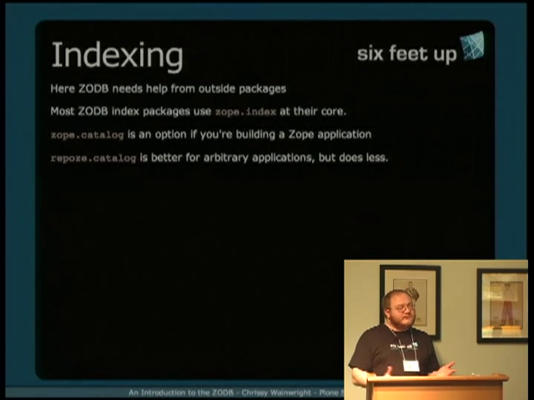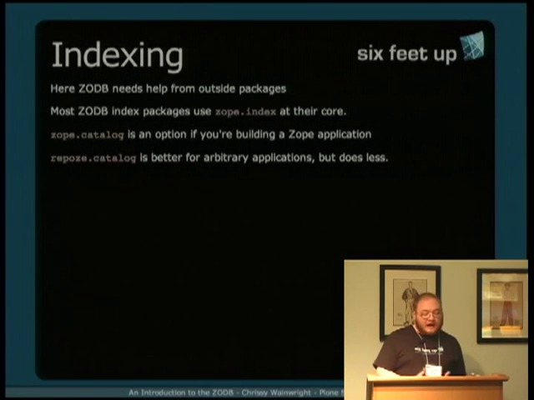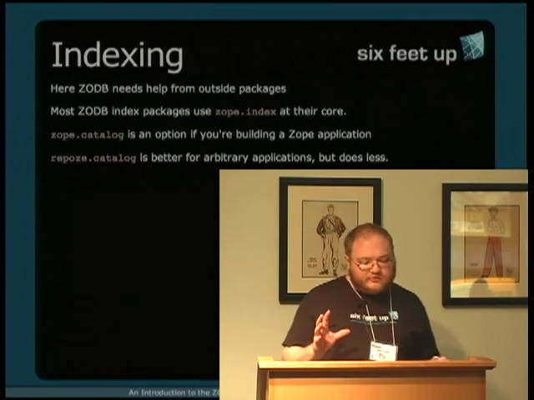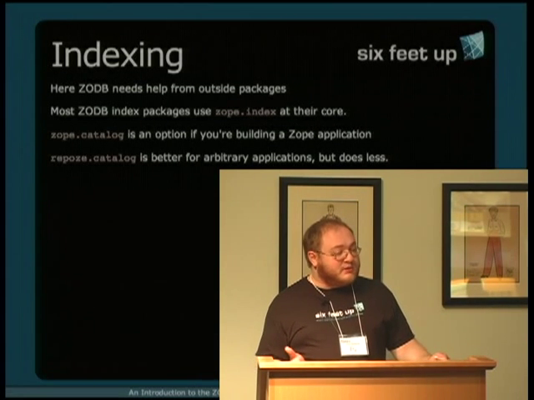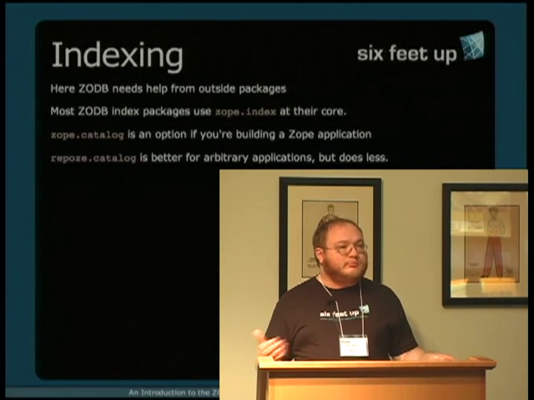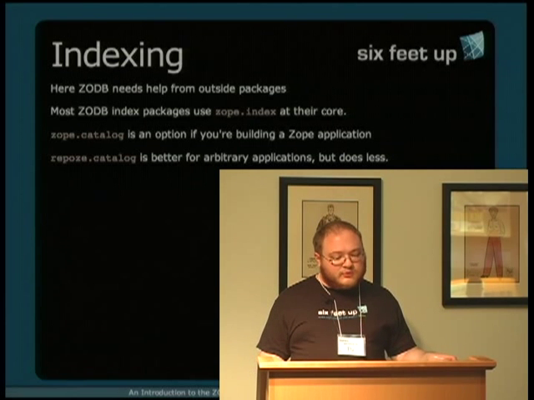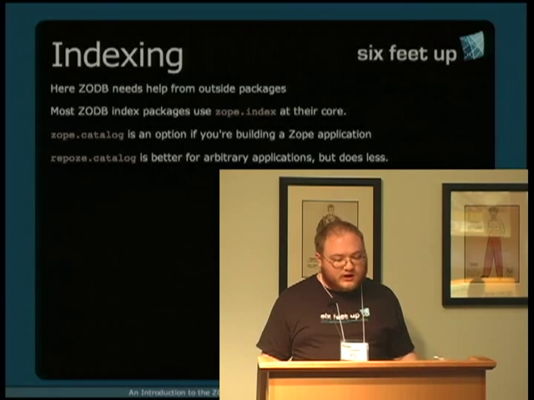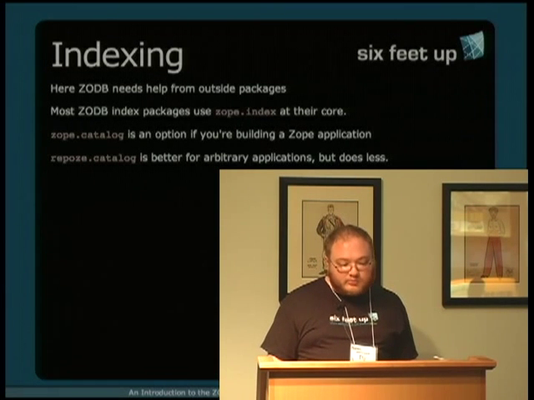So because the ZODB is a hierarchy of objects, you could just search it recursively, but that could be a little slow. So if you want to add indexing capabilities to the ZODB, you're actually going to need to use some other package. Most of the ones that people use are wrapping zope.index at their core, so you have to bring in a little bit more Zope.